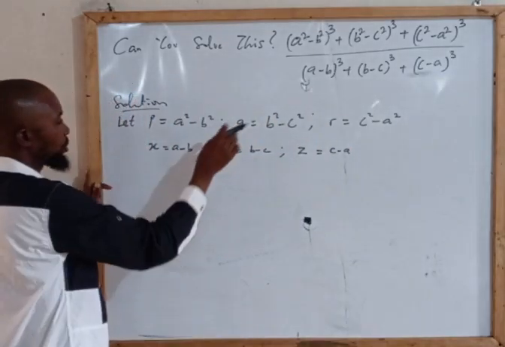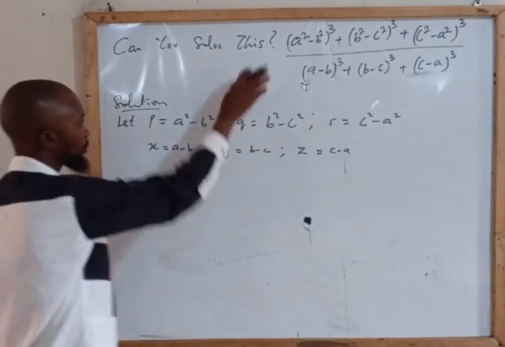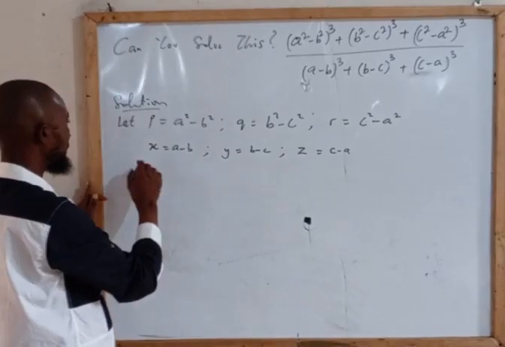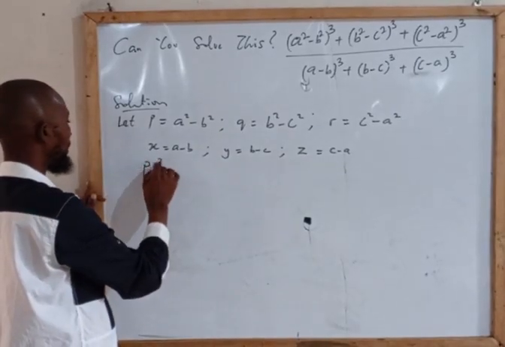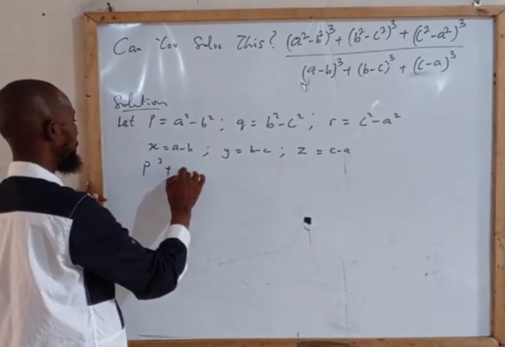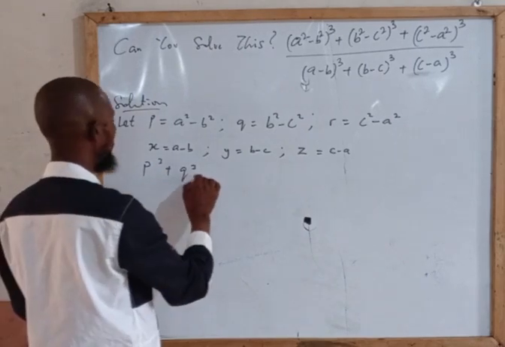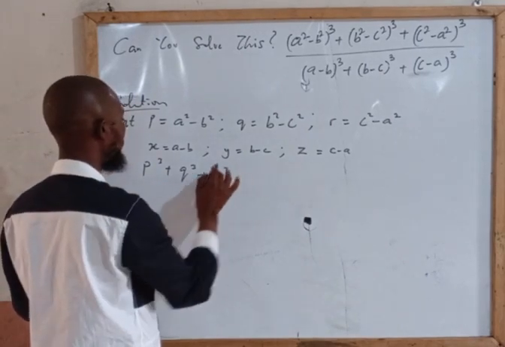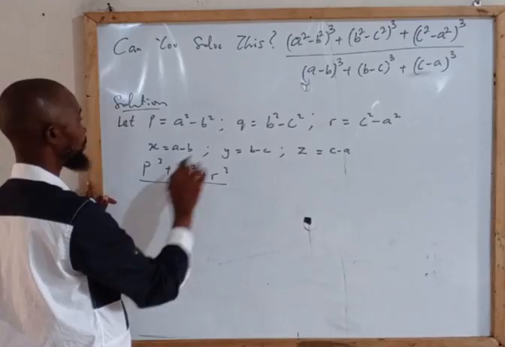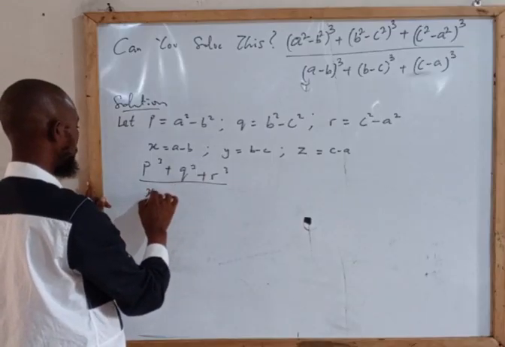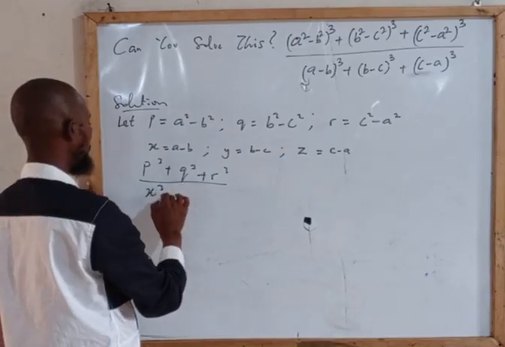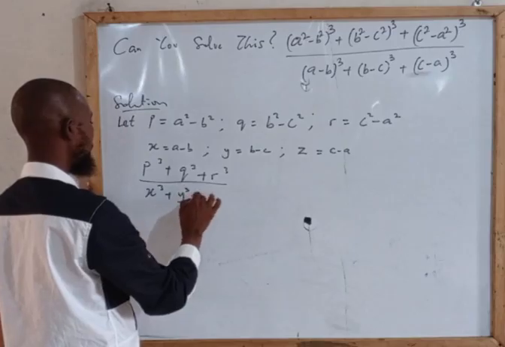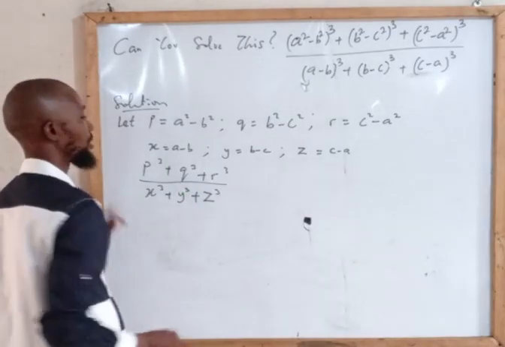I will replace every other thing with these. So the expression will now be written in the form P raised to power 3 plus Q raised to power 3 plus R raised to power 3, everything over x raised to power 3 plus y raised to power 3 plus z raised to power 3.